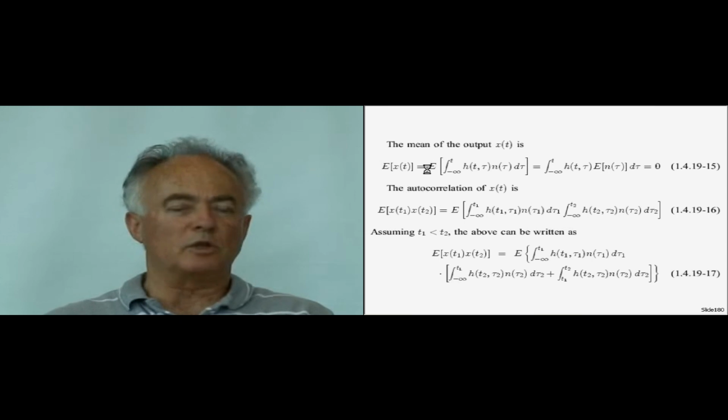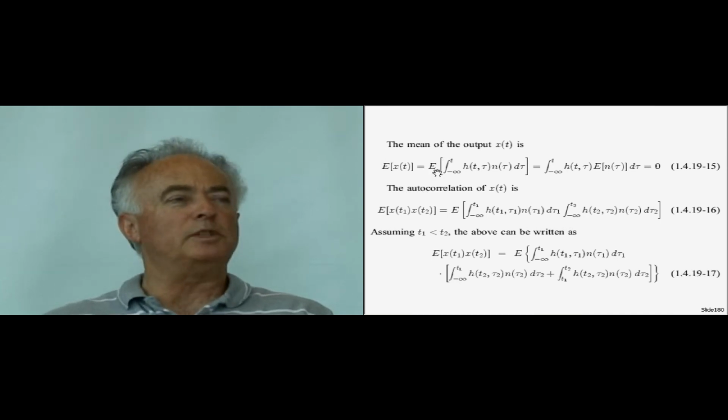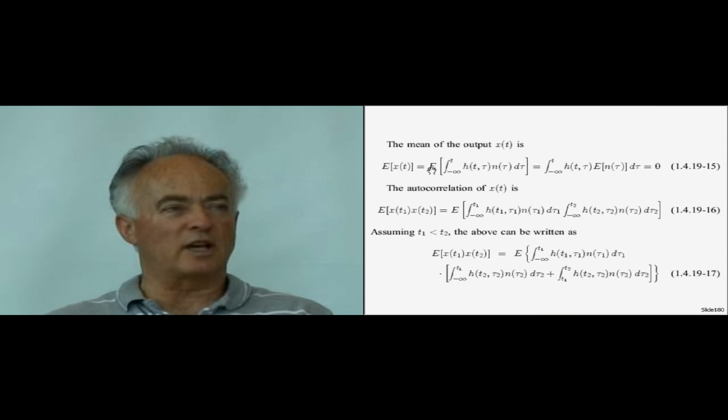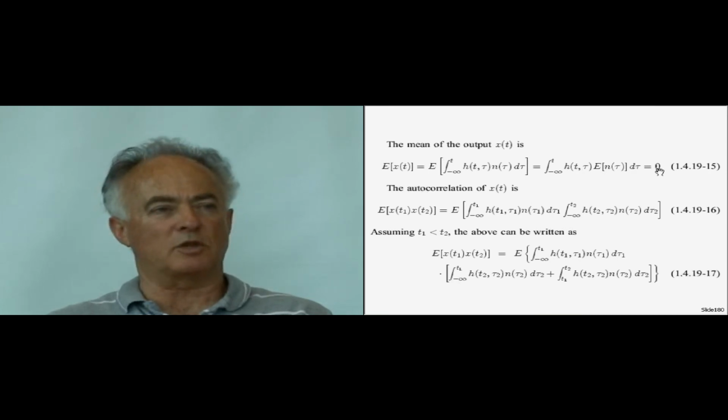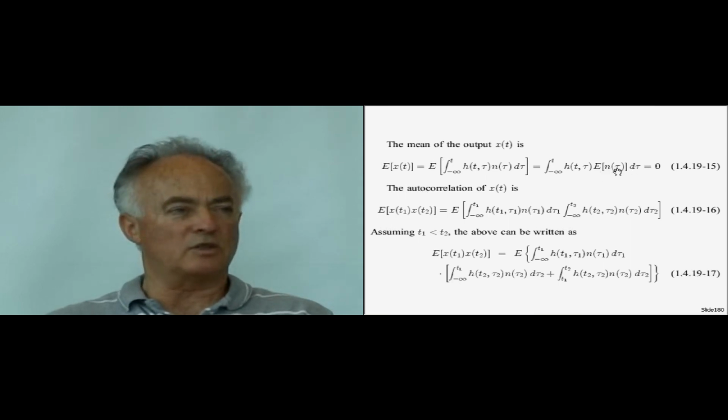So these two integrals can be interchanged under the condition that both converge. So we bring the expectation inside the integral with respect to time, and we have the integral of h(t, tau) E of n(tau) d tau, equal to 0, because the expected value of the noise in the integrand is 0.